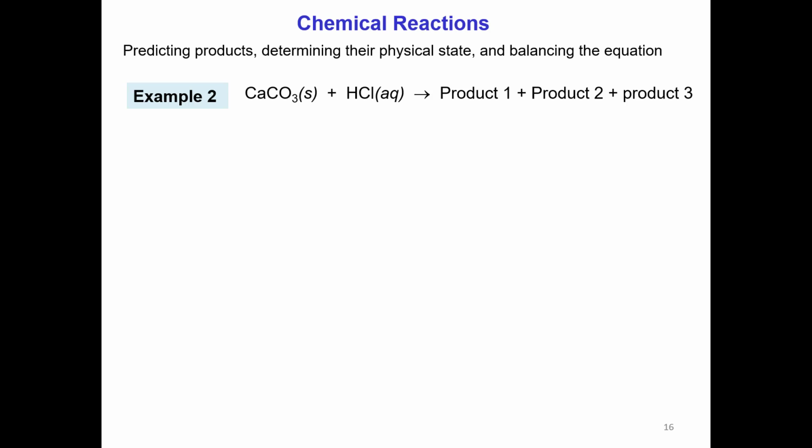Step number 1: we want to find what are the ions we had in this compound. We had calcium, and we know this is a polyatomic ion, this is 1 unit. This is hydrogen, and this is chlorine.